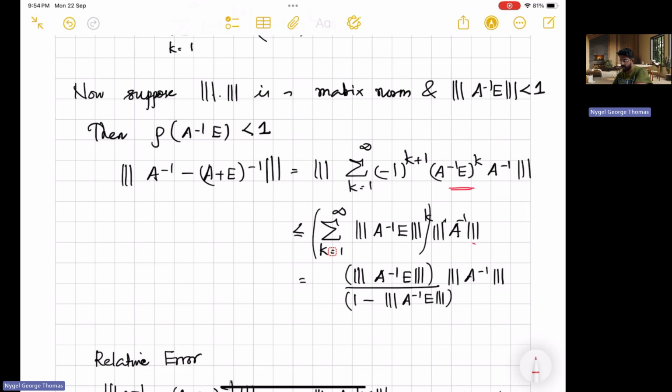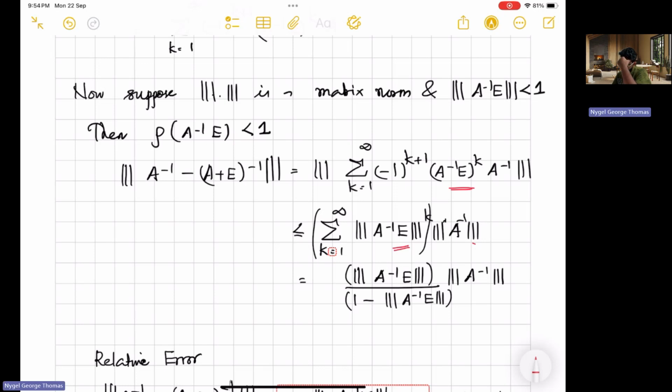Since we're taking the norm inside, minus 1 doesn't matter anymore because of the homogeneity property: we can take the modulus of minus 1 outside and that will be 1. So the norm of (A inverse E) all raised to k, using submultiplicativity, will be less than or equal to the norm of A inverse E whole raised to k into the norm of A inverse.